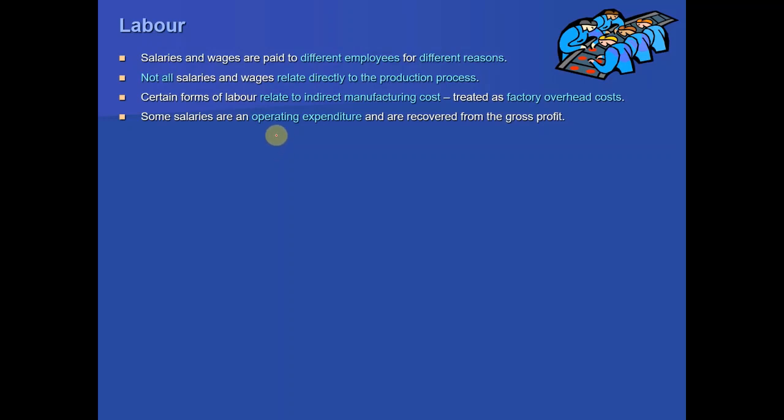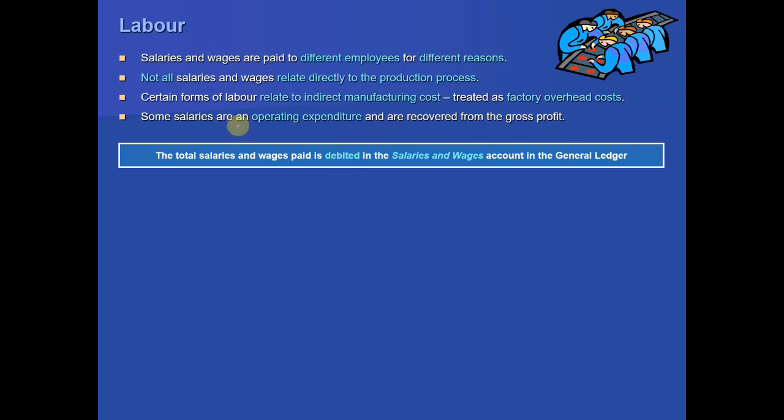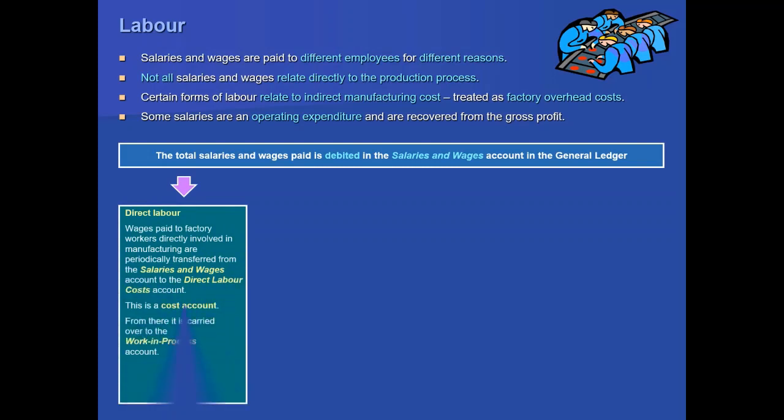Some salaries are an operating expenditure and are recovered from the gross profit. The total salaries and wages paid is debited in the salaries and wages account in the general ledger, because we know expenses increase on the debit side, so that makes sense.